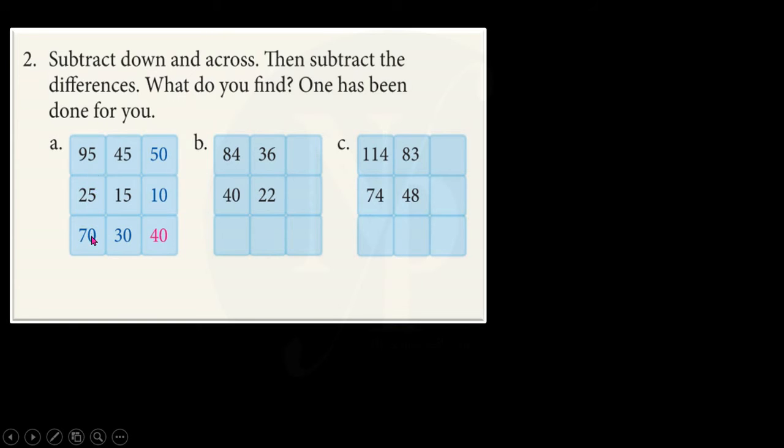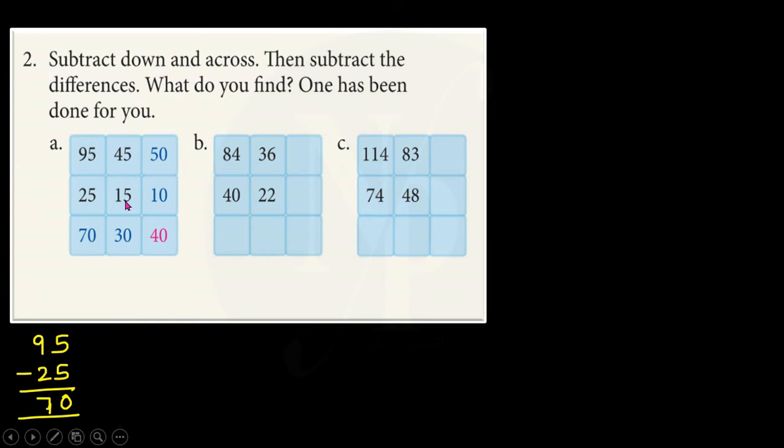You may verify these answers. So 95 minus 25, what do you get? 5 minus 5 is 0, 9 minus 2 is 7, you get 70, which is filled in this box.